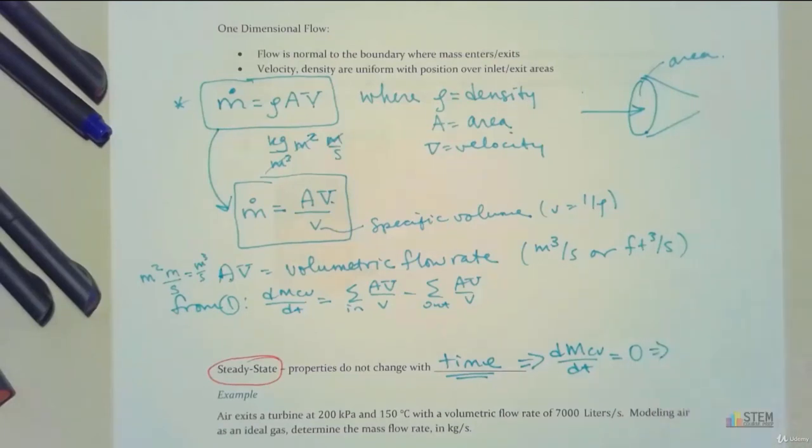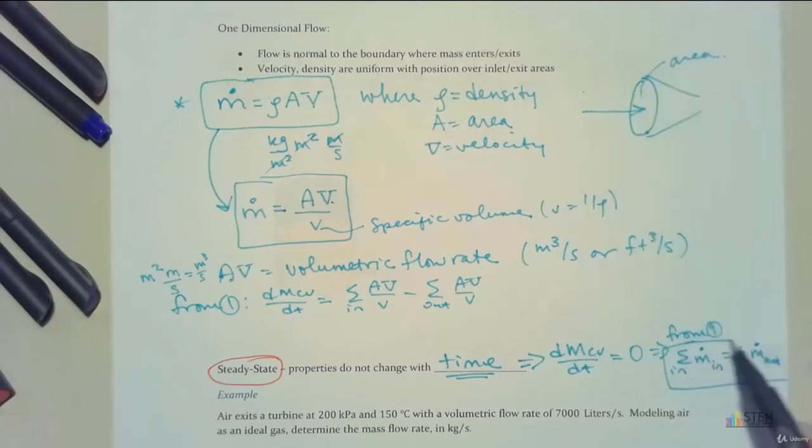Now, if we go back to that equation 1, that is going to tell us that the sum over the inlets of the mass flow rates coming in has to equal the sum over the outlets of the mass flow rates going out.